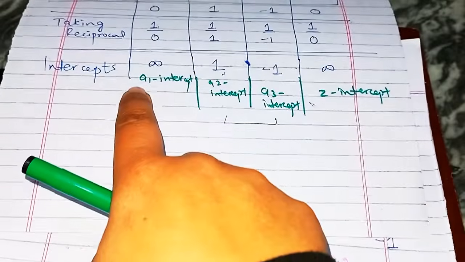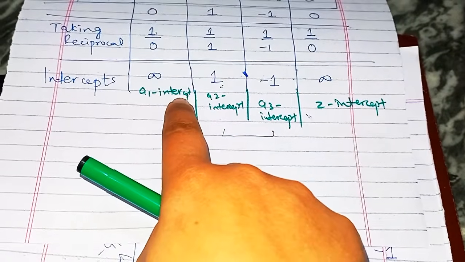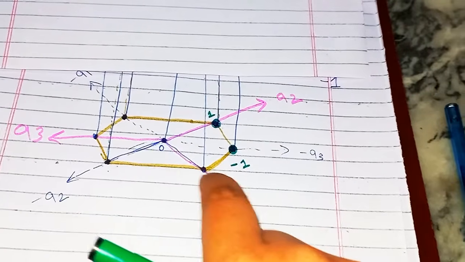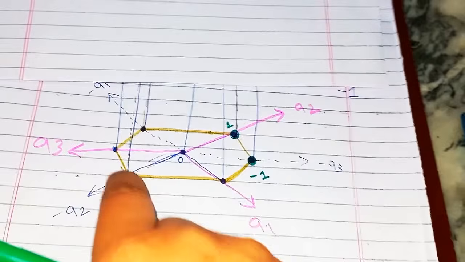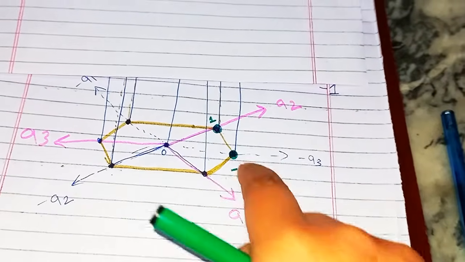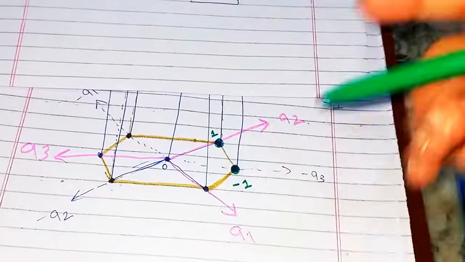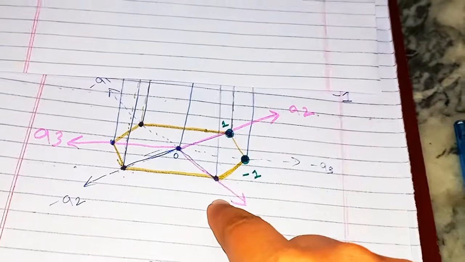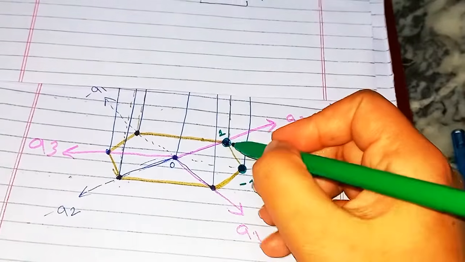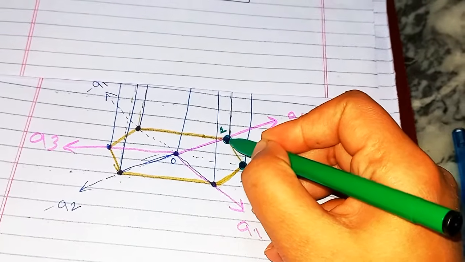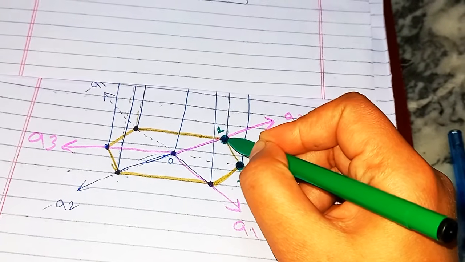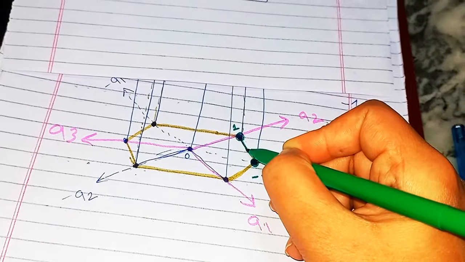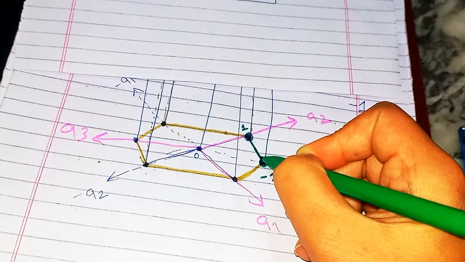So we can see that the a1 intercept is infinity. What is a1 direction? This is a1 direction. All these are a1 directions. So from this point, not along axis lines now, infinities are treated differently. From this point, which we have already determined on the plane, we'll draw a parallel line to a1 direction and we'll stop at the other corner of the unit cell.